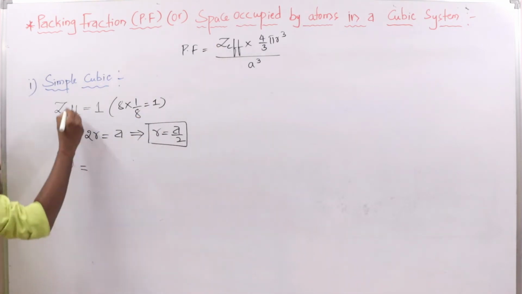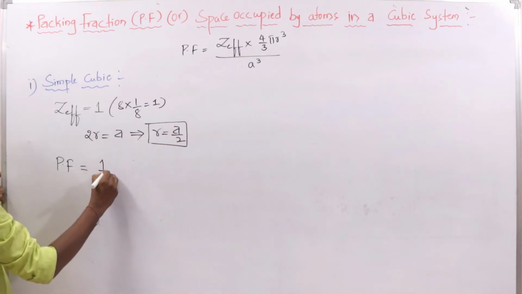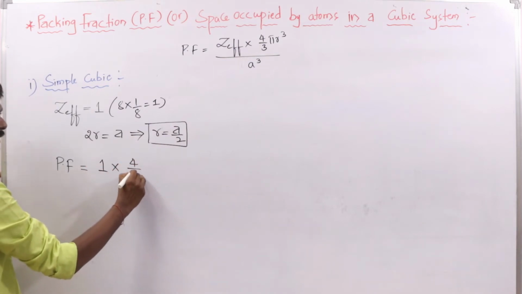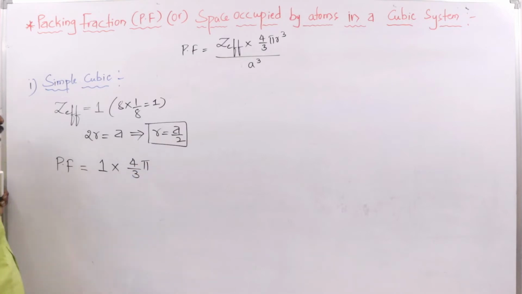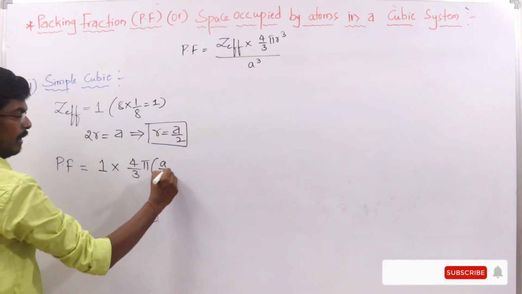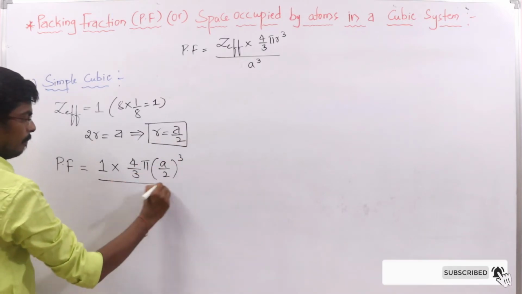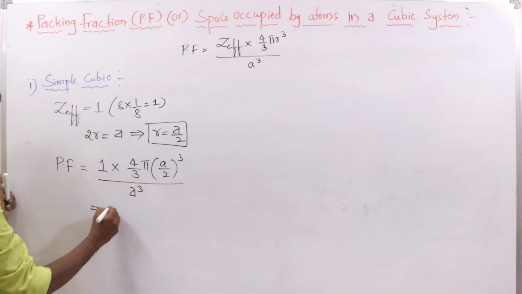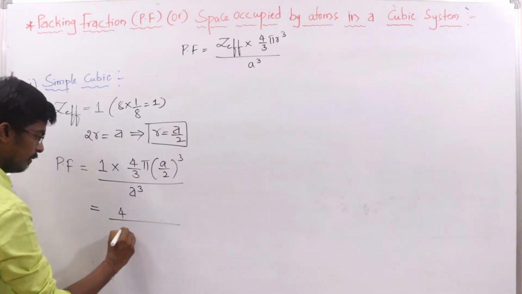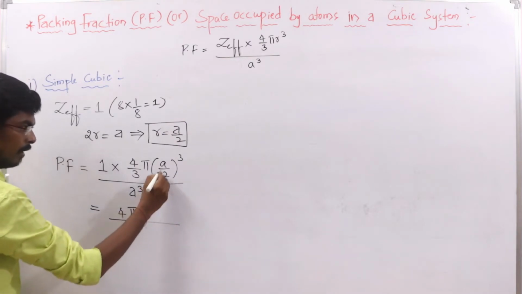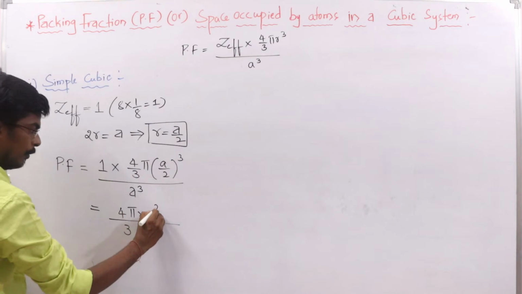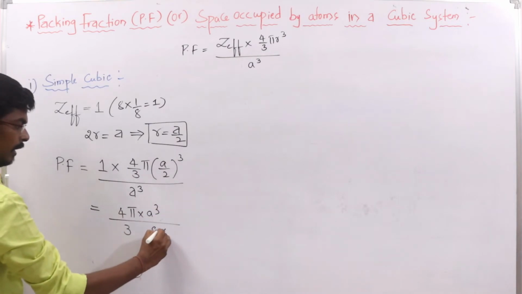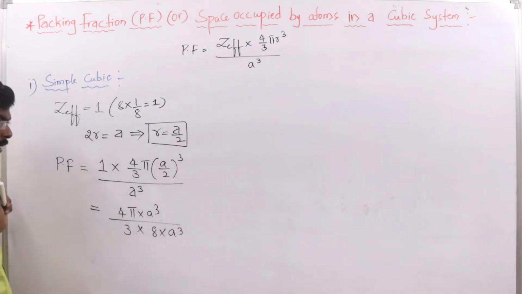Packing fraction for simple cubic: Z effective is 1, 4 by 3 pi, r is a by 2 whole cube, by a cube. So 4 by 3 pi, a cube by 8, and remaining in the denominator a cube.